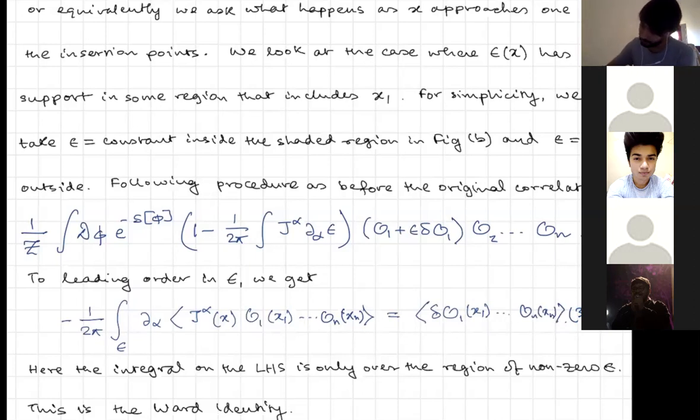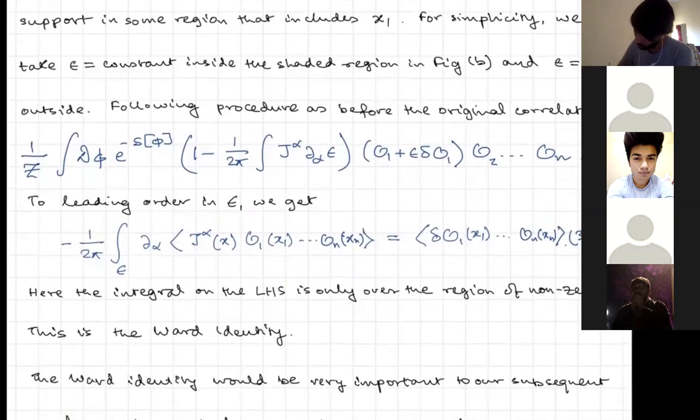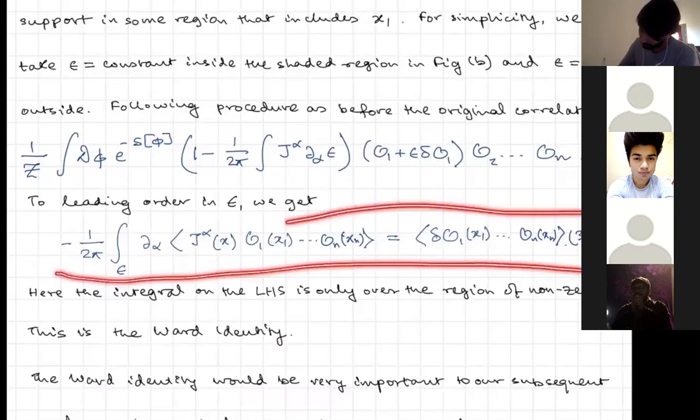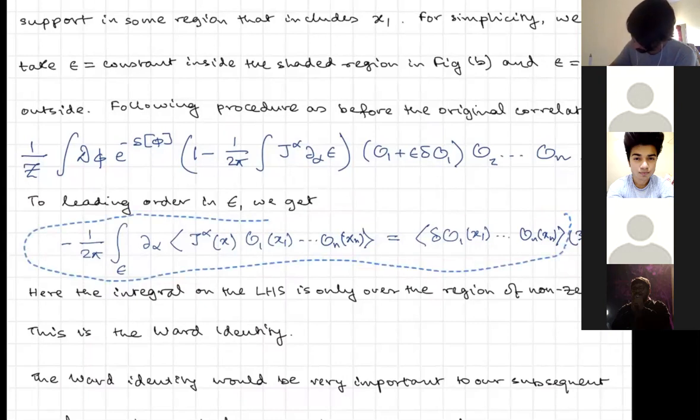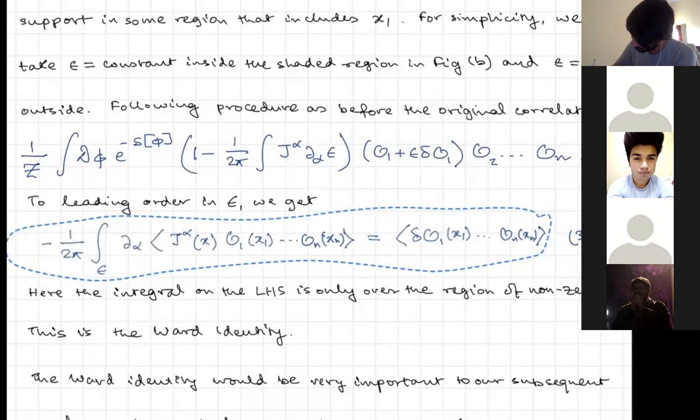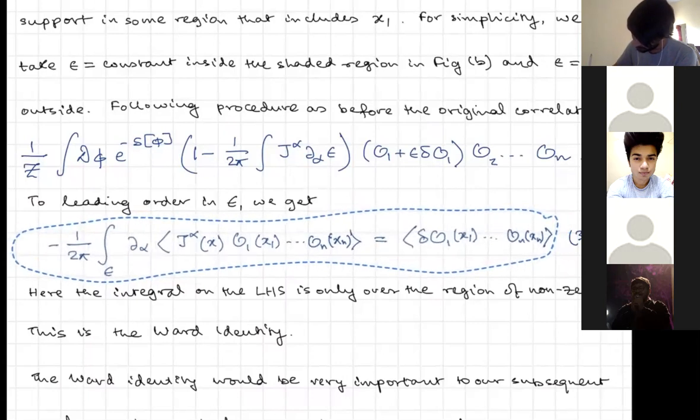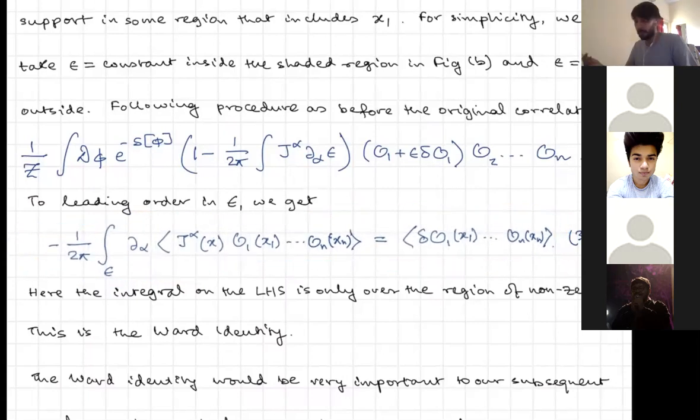This particular integral that I have written out here is only over the region of non-zero epsilon. And this identity, this particular equation that I have written, is called the Ward identity. This is your famous Ward identity, and this is equivalent to the operator statement. This identity is very important.